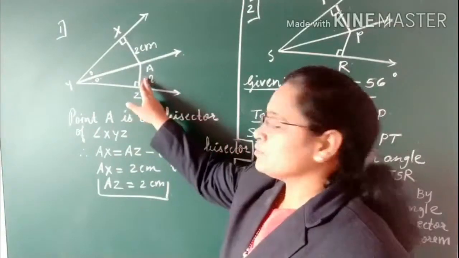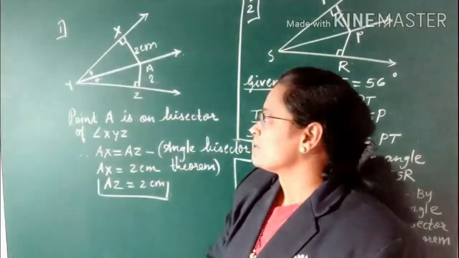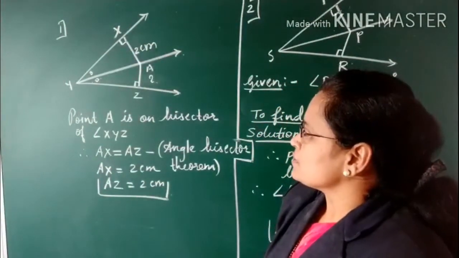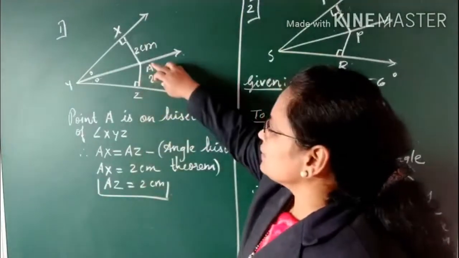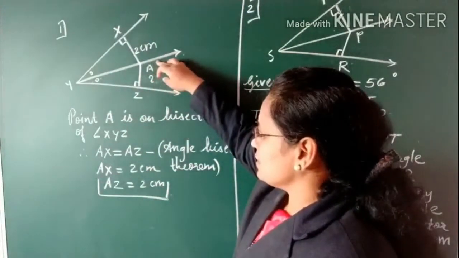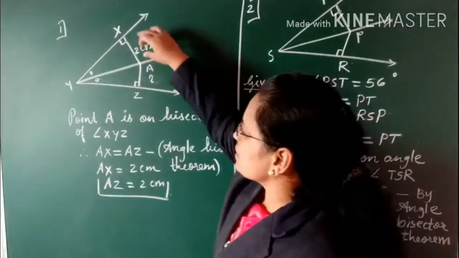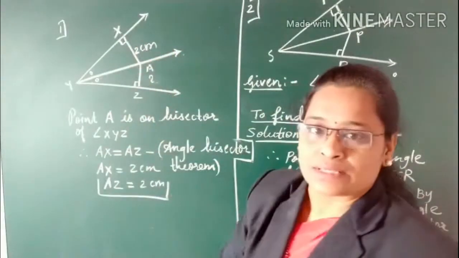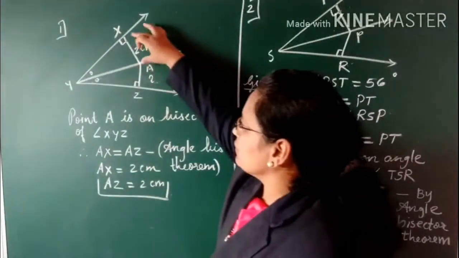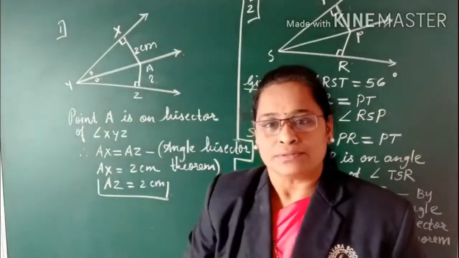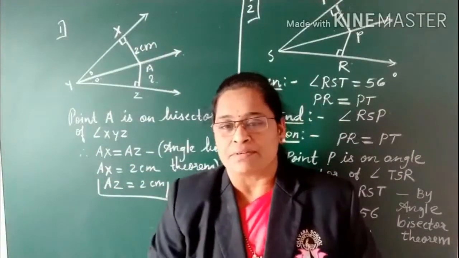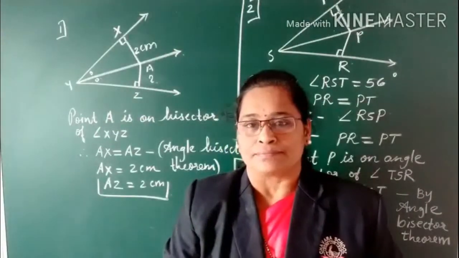You have to find out what is the distance between point A and Z, means what is the length of the segment AZ. So here as point A is lying on the angle bisector of XYZ, by the angle bisector theorem we can say AX is equal to AZ. As AX is equal to 2 cm, we can find out AZ is also 2 cm.